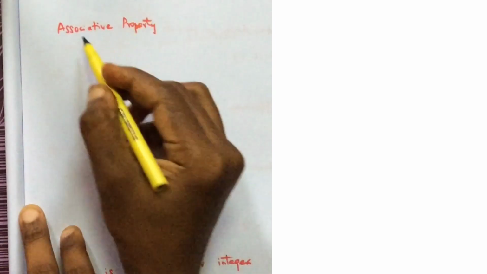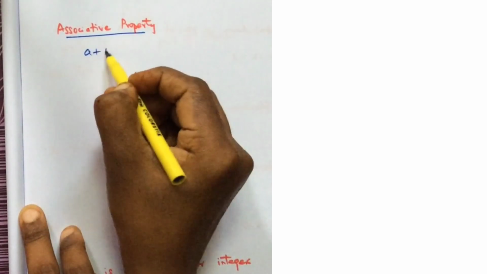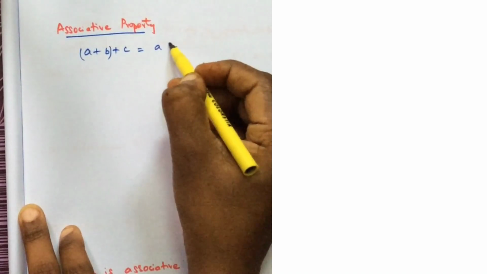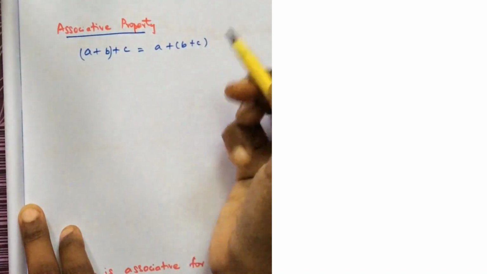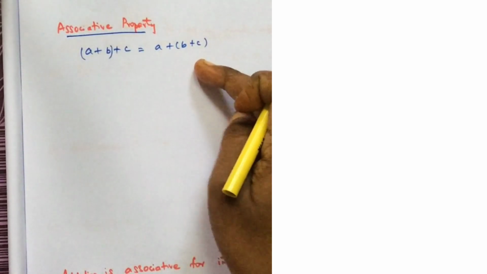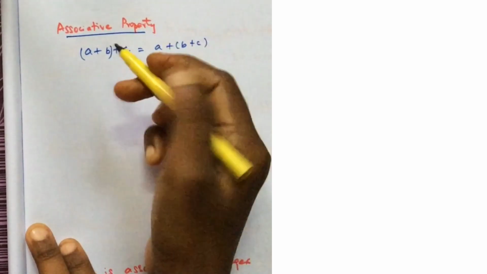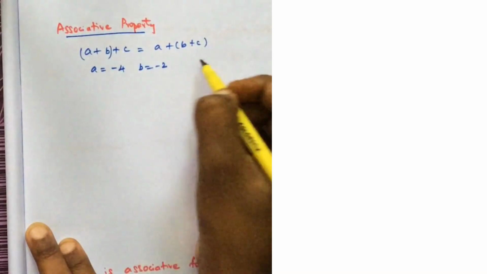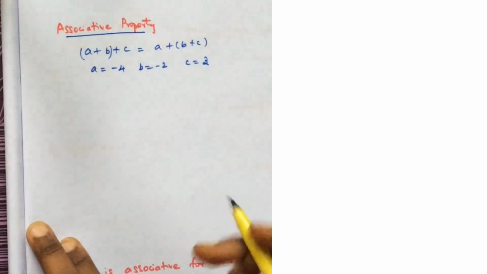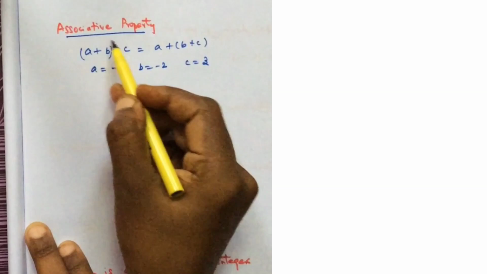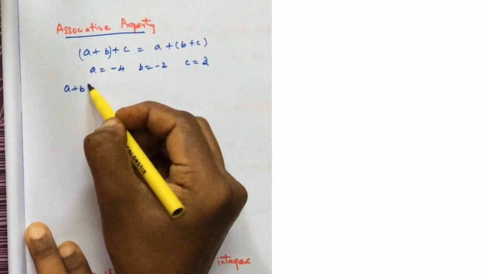The next property is the associative property. What does it say? (a plus b) plus c and a plus (b plus c). If you are changing the grouping, you have to check if both are the same, then addition is associative for integers. Let me take three numbers. Let a be -4, b be -2 and c be 3. You can take any integers a, b and c. First I am doing (a plus b) plus c.